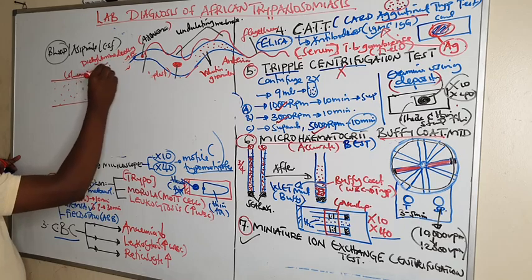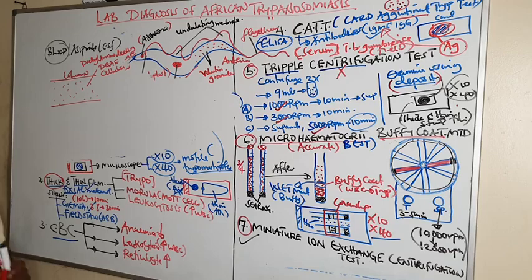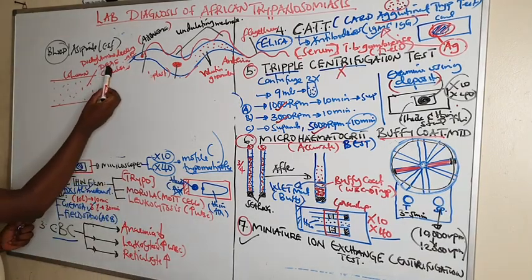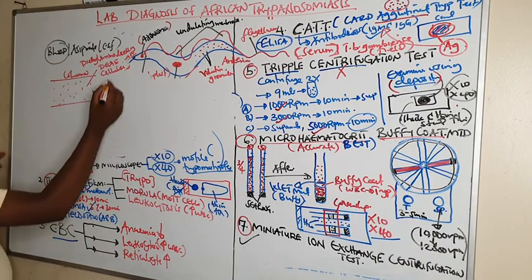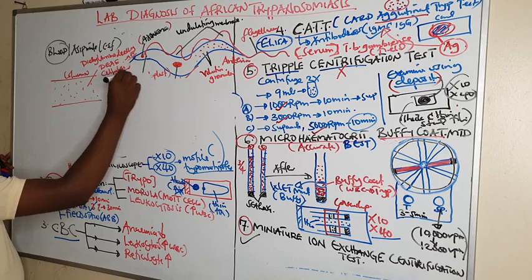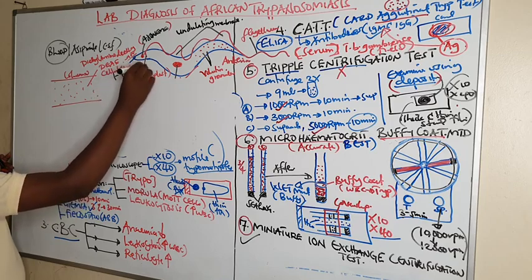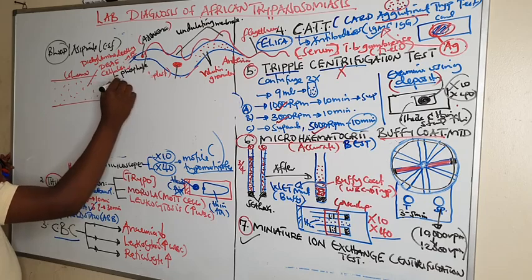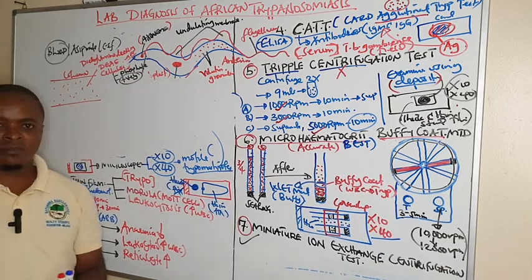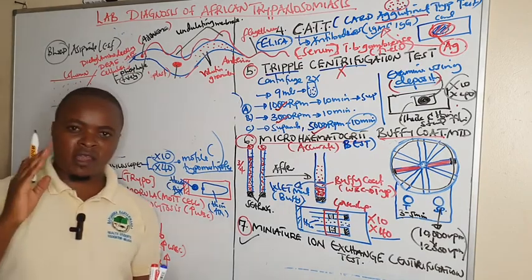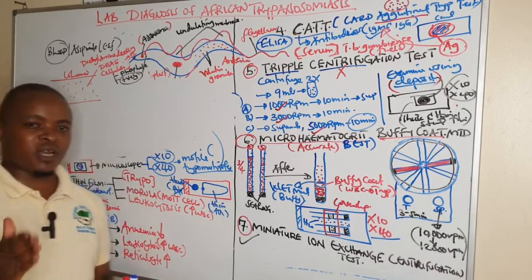We call it DEAE cellulose, used in the column. This DEAE column contains the phosphate buffer, the sodium phosphate buffer. It also contains positively charged substances. And because it is positively charged, we know that blood cells are more negatively charged than the trypanosomes.